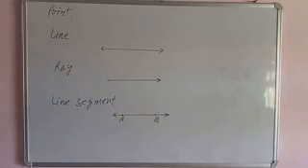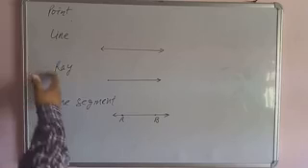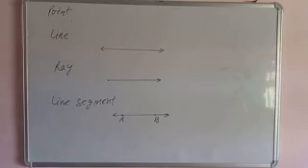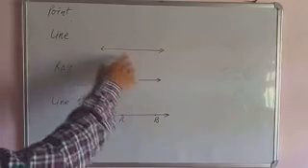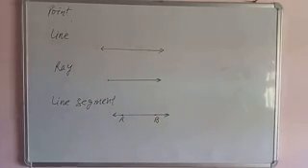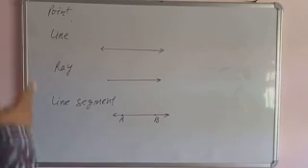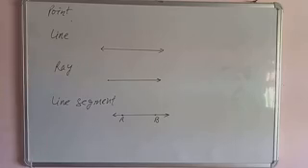Why can we not measure a ray and a line? Because a ray has only one end point and a line has no end point. We can measure only things which have a fixed length, which have end points. So that is the difference between a ray, a line and a line segment.